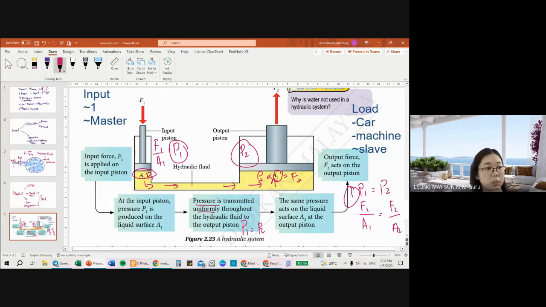As I previously mentioned, I don't memorize another formula for Pascal's principle. I just remember that with Pascal's principle, the pressure is transmitted uniformly. Pressure transmitted uniformly means that the pressure at the first piston and the pressure at the second piston are the same because it's being transmitted uniformly. So P1 equals P2, and take the general formula for pressure, which is force over area. This is how I recall the first formula for pressure.